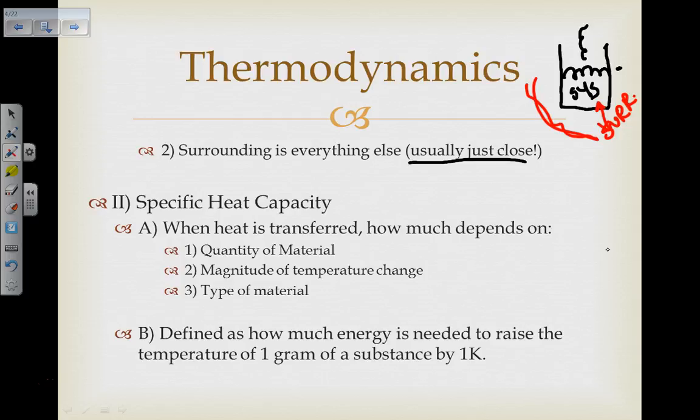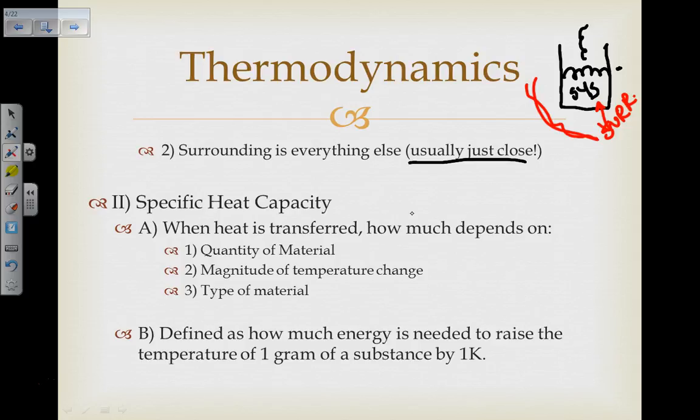Okay, so that kind of sets up the basics of thermodynamics. We're talking about how energy, specifically heat, is being transferred around. And so there has to be some measure of how well something can transfer heat, okay? And so that's what we use specific heat capacity for.